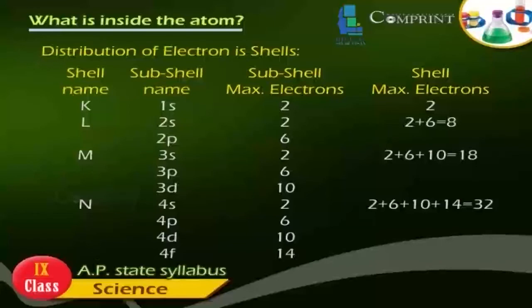Distribution of electrons in shells. Shell name, subshell name, subshell maximum electrons, shell maximum electrons. K shell: 1s, 2. L shell: 2s, 2p, 2, 6, 2 plus 6 is equal to 8.